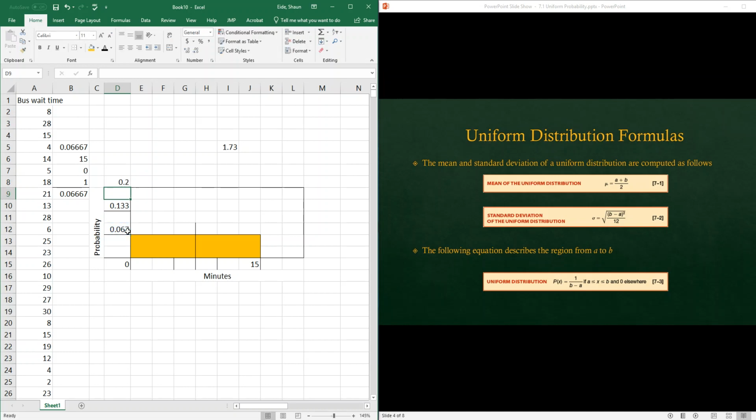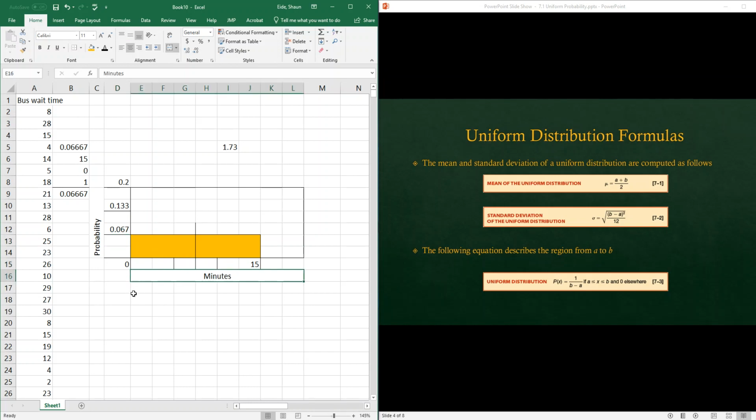Okay, and I'm just doing that to show you that it's probability. You really don't have to do these. You really only need this one right here. Okay, so the probability of being within a 1 minute increment, because we're using 1 minute increments, is 0.067 is the probability.